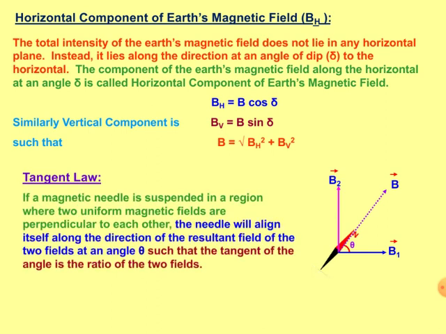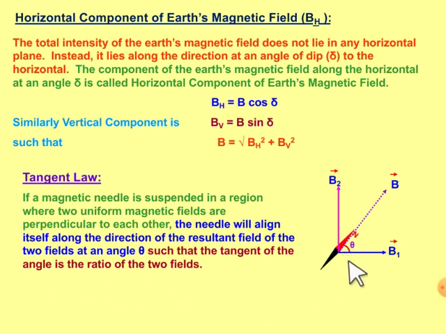So let's see the statement. If a magnetic needle is suspended in a region where two uniform magnetic fields are perpendicular to each other, the needle will align itself along the direction of the resultant field at an angle theta, such that the tangent of the angle is the ratio of the two fields.